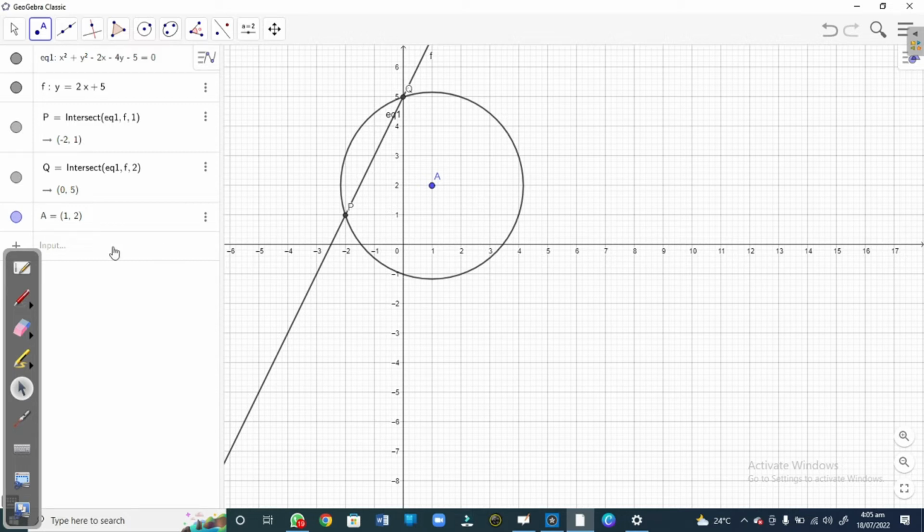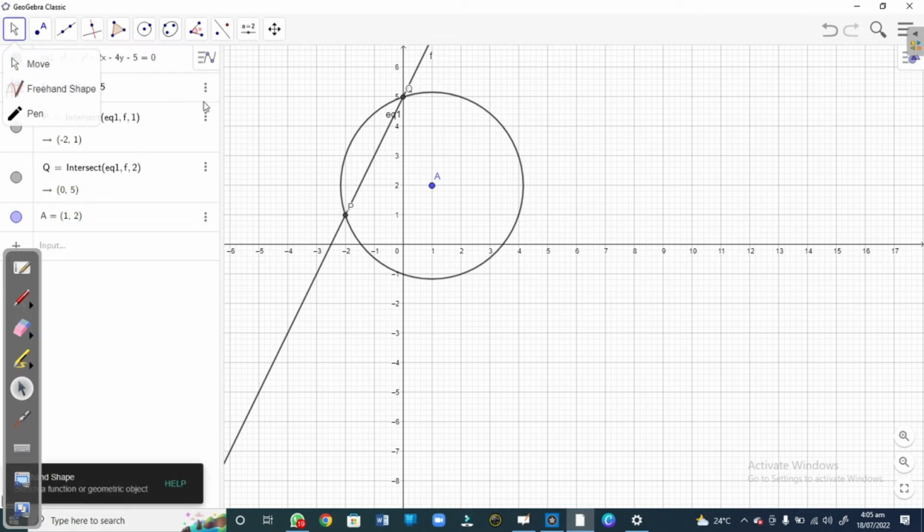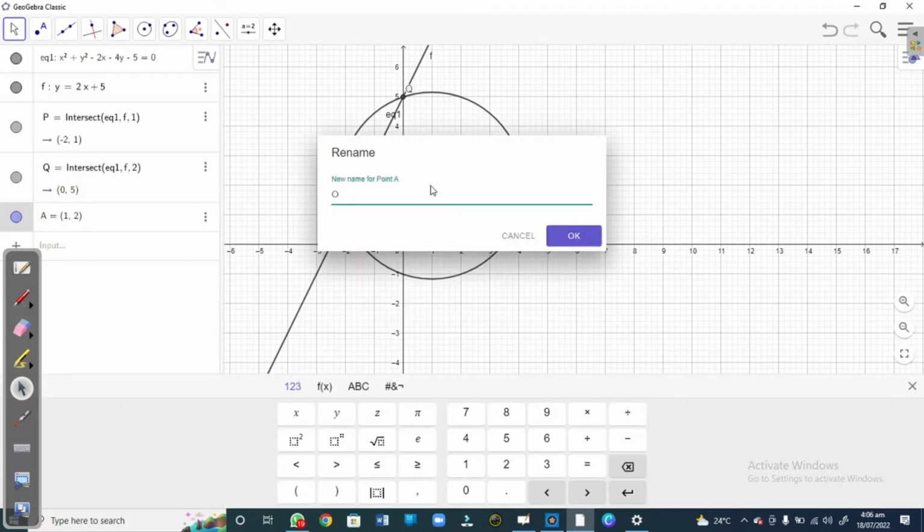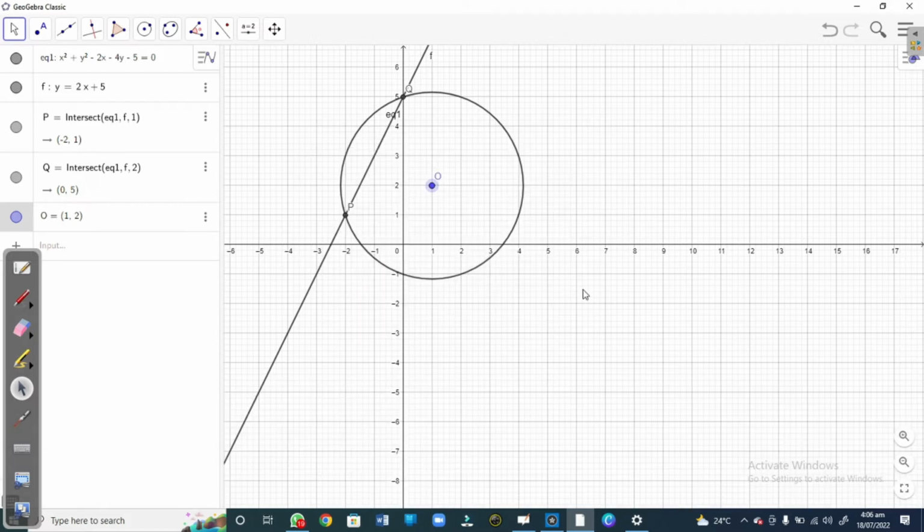All the coordinates of my points are showing here. I'm now here too, A, but the question says the center of the circle is O, so I'm going to change it to O instead of A. Great.